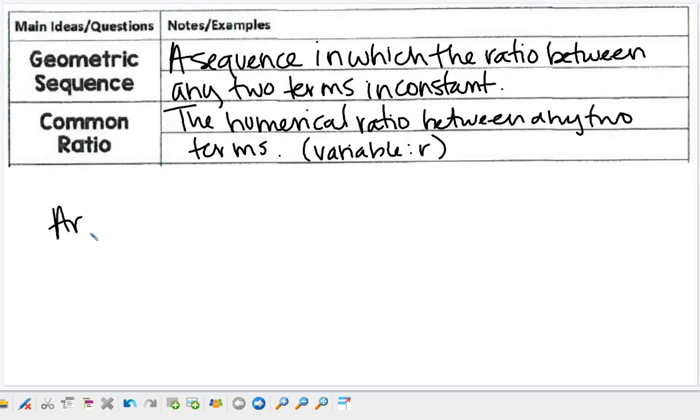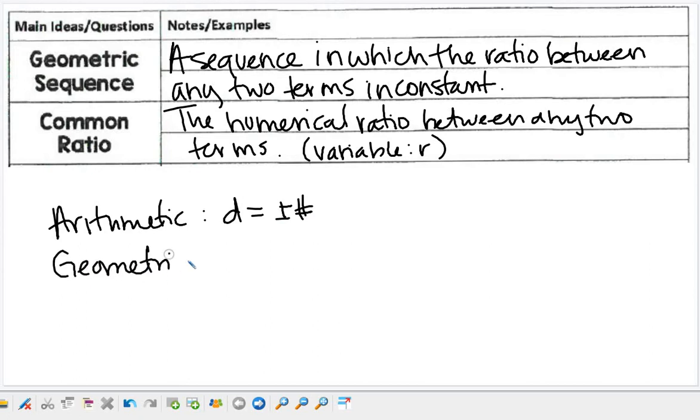So for arithmetic, it is a common difference, which means that we are adding or subtracting a number. In geometric, it is a common ratio, and we are either multiplying by a number or dividing.